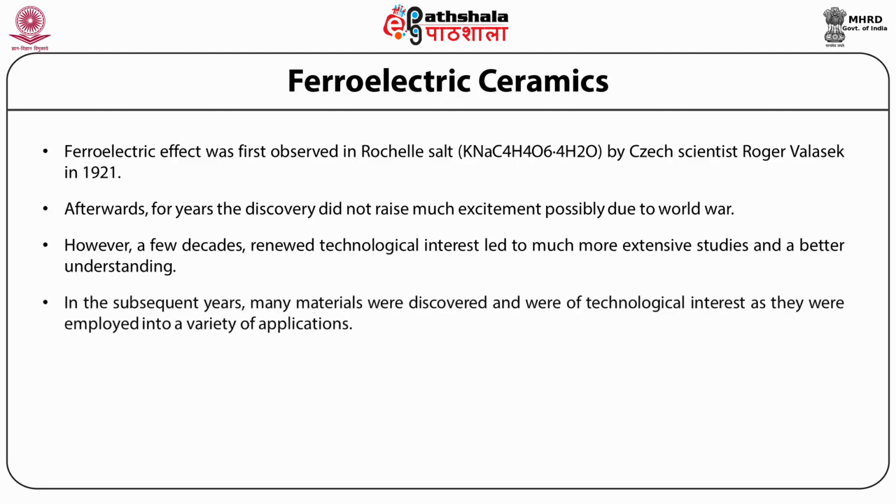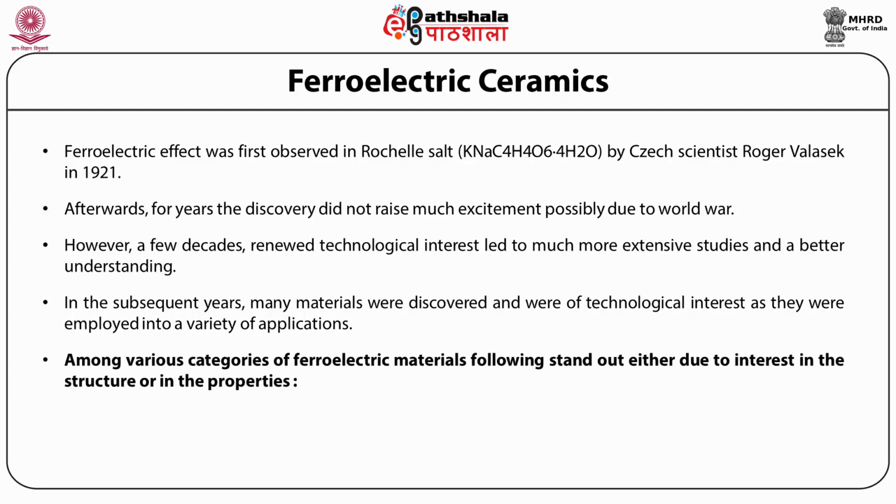In the subsequent years, many materials were discovered and were of technological interest as they were employed in a variety of applications. Among various categories of ferroelectric materials, the following stand out either due to the interest in their structure or in their properties.